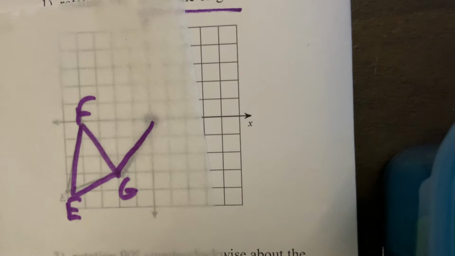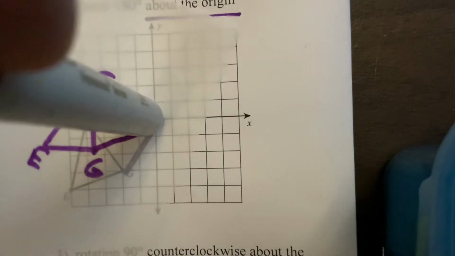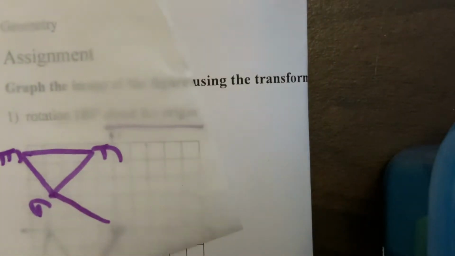What we're doing is holding the center still right here in the middle, and your line is swinging around. How do I know that I have rotated this 180 degrees?